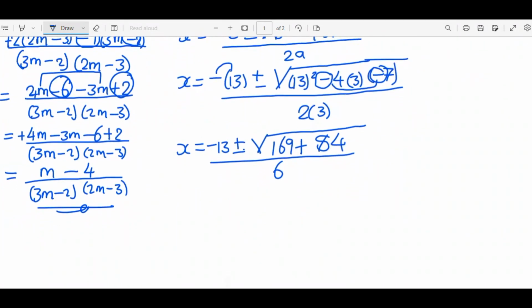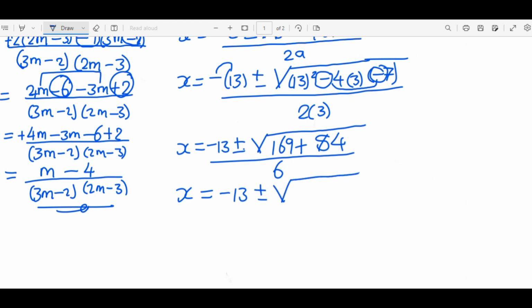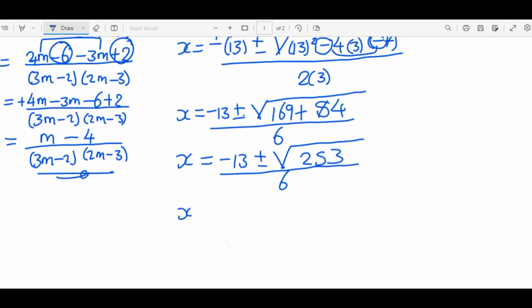I need to find the sum of the two numbers under the square root. So 84 plus 169, I'm getting 253. Then at this point, I'm going to find the square root of 253.